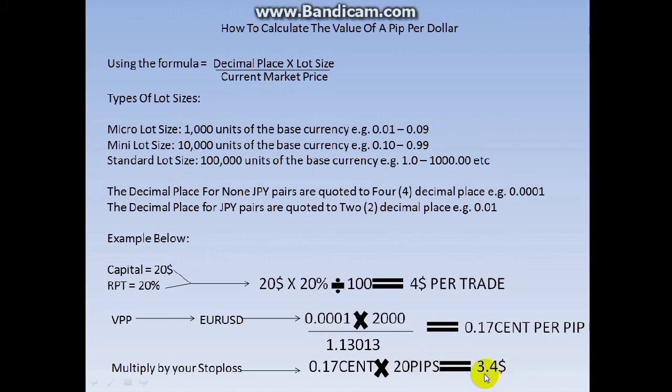It actually costs us $3.4, okay? In this way you know that you are not risking more than your initial risk per trade. So this is how you calculate, and you know that you are within the range of your risk per trade, okay?